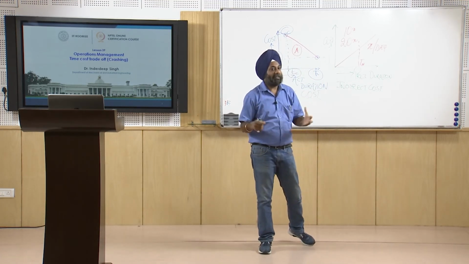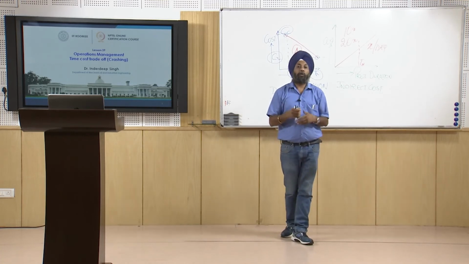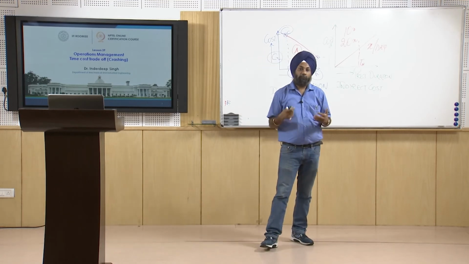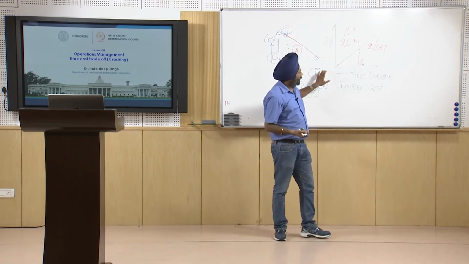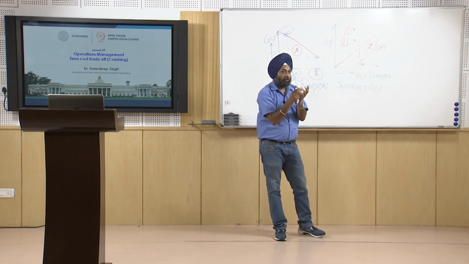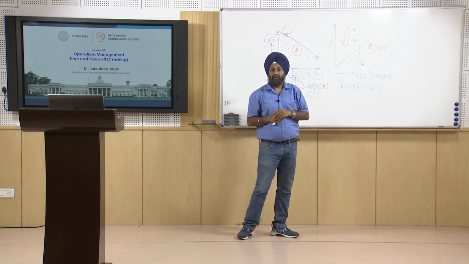If we do it on a daily basis, it can be this much cost per day. If we do it on a monthly basis, the indirect cost is rupees X per month. So this is related to the project duration. So the total cost will be the direct cost plus the indirect cost.